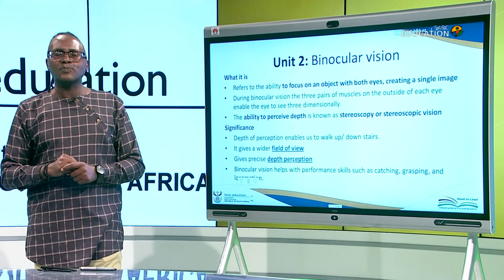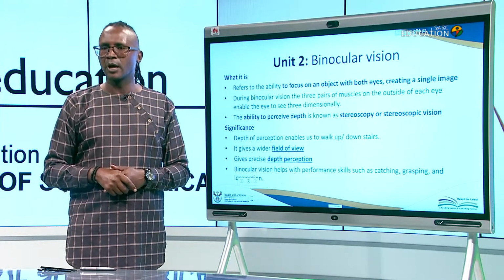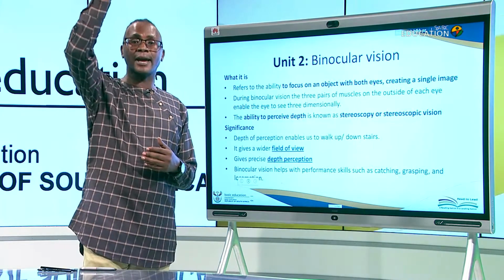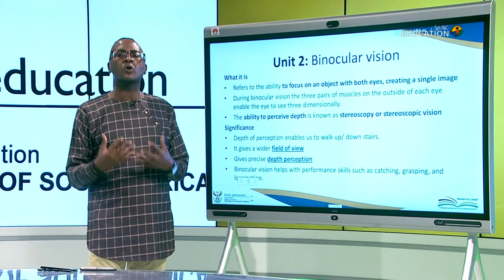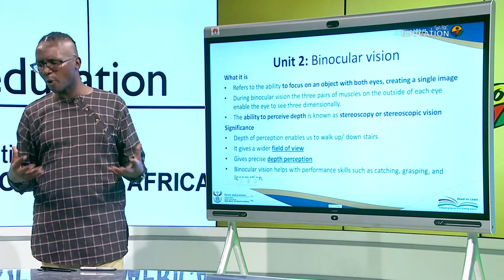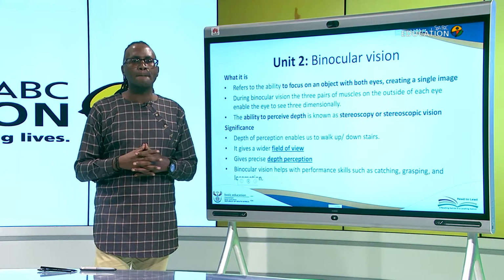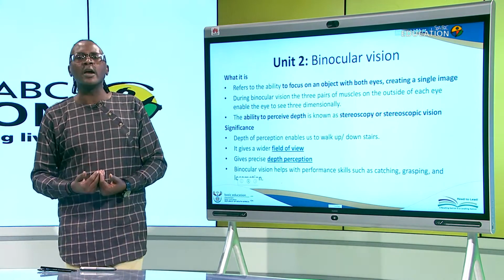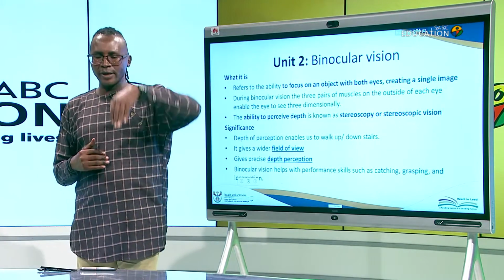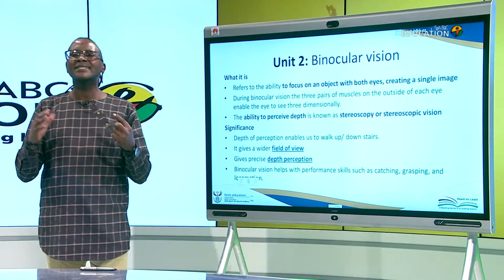So another aspect is that to perceive depth. The ability to go up the stairs and downwards is binocular vision or stereoscopic vision. Now, what is the importance of stereoscopic vision or binocular vision? I've already mentioned that being able to walk up and going down, the depth perception, all right?